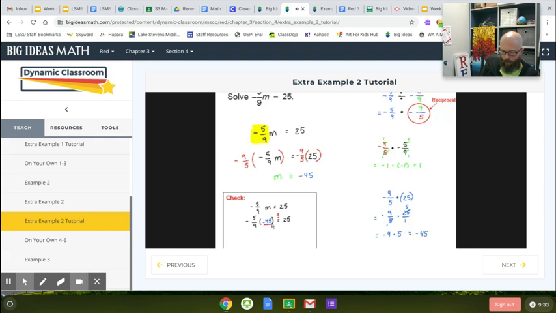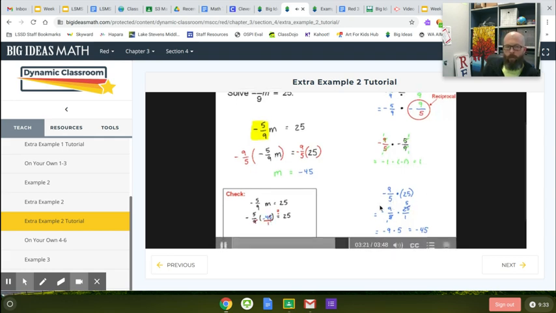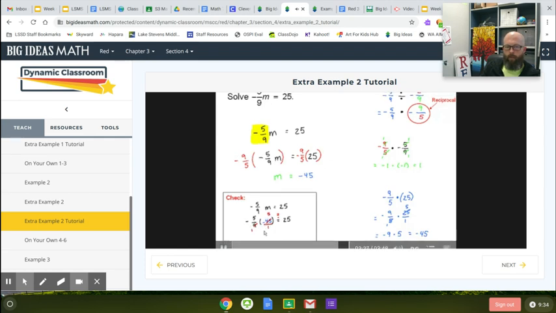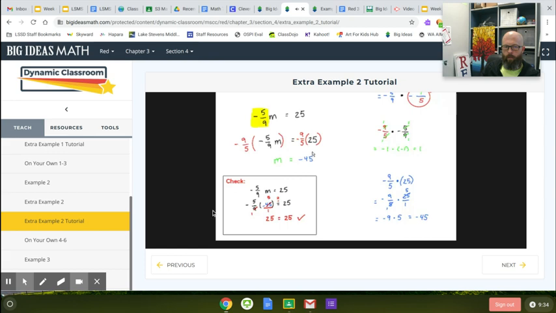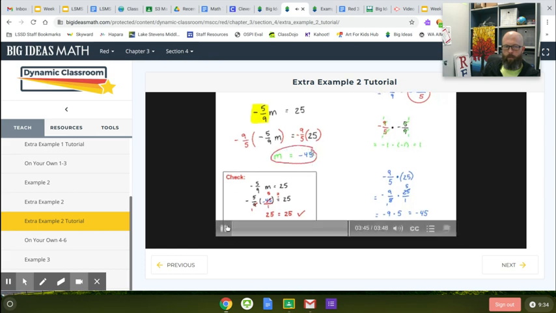This can be written as negative 45 over 1, and we can simplify 5 over 1. So we have negative 5 times negative 5, which is 25. Since 25 is equal to 25, the solution checks. So the solution to the equation negative 5/9 m equals 25 is negative 45.